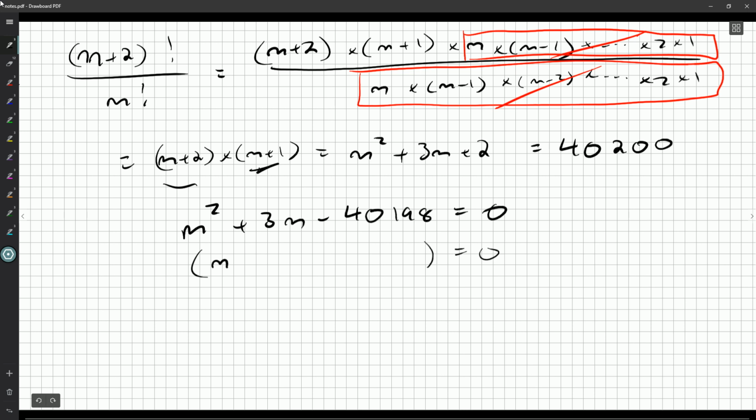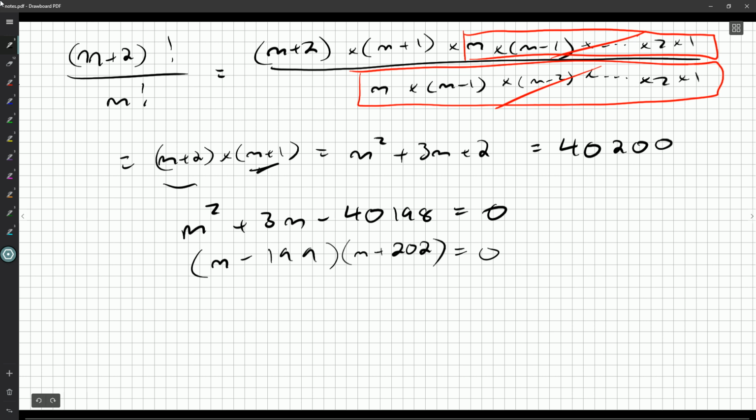But I think you can get m minus 200. No, 200 wouldn't work. 199. And then m plus 202.